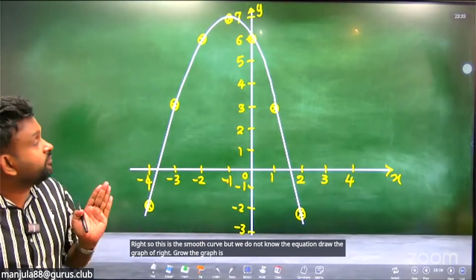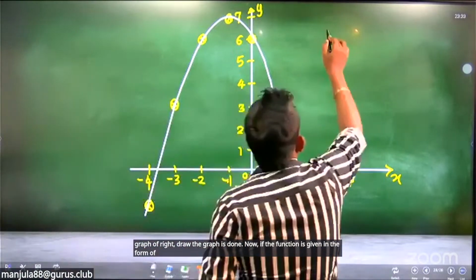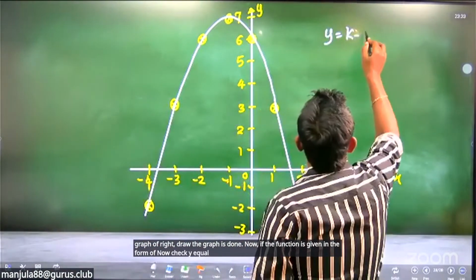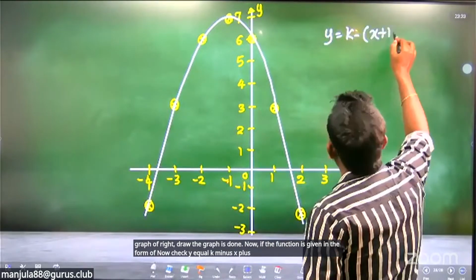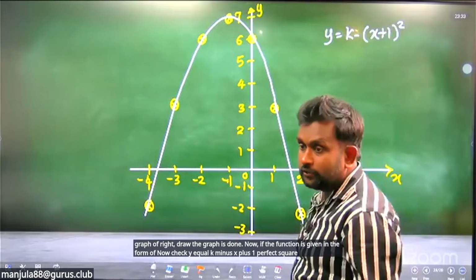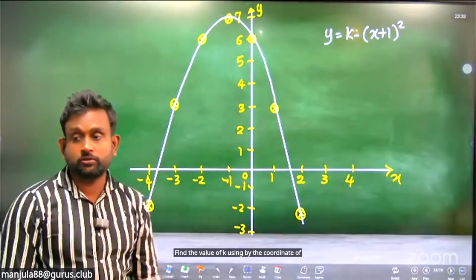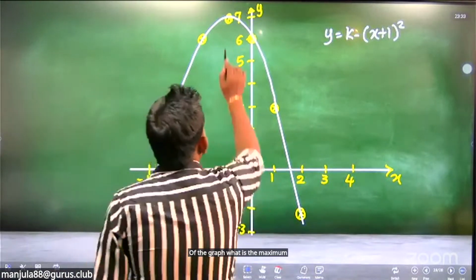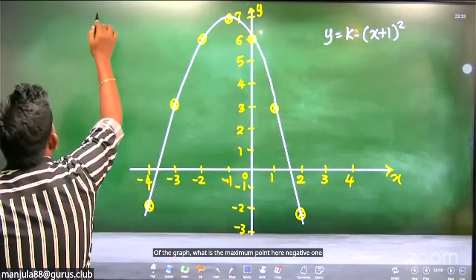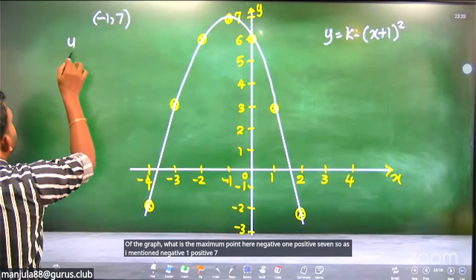Now, if the function is given in the form of y equals k minus (x plus 1) perfect square, find the value of k using the coordinate of the maximum point of the graph. What is the maximum point here? -1, +7. So as I mentioned, -1, +7, how to write in the equation format?